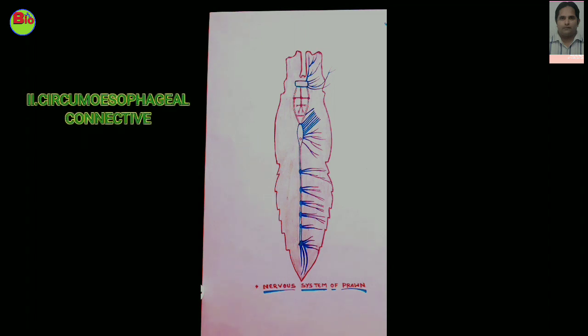Second, circumesophageal connectives. These are stout cords of nervous tissue that originate from the posterolateral parts of the brain and pass backward and downward round the esophagus to meet the ventral nerve cord.